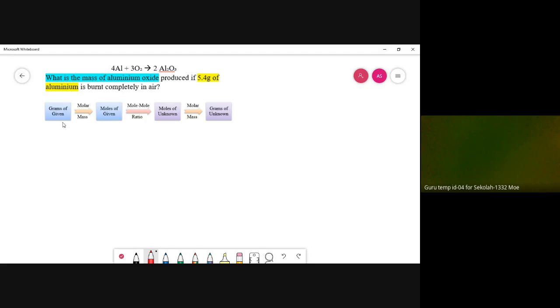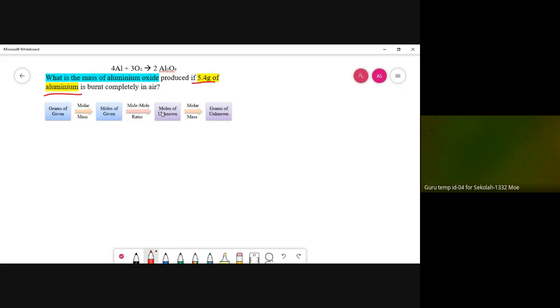First, you have to know the grams of the given. Given ni maksudnya adalah the information given in the question. So for this question, the given is the mass of aluminium. Nampak ni? Yang 5.4 gram ni, ini adalah you punya given. And then you have to use the information to find the number of mole.